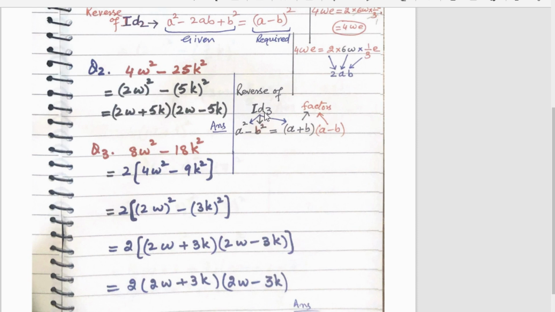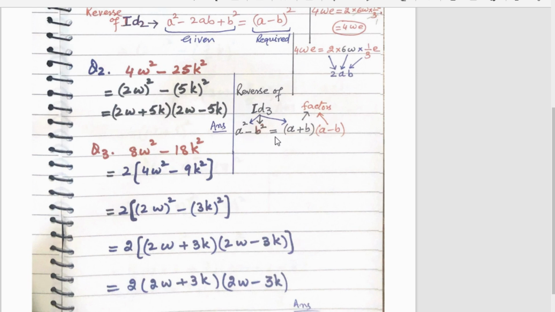Now look at this ID 3. ID 3 was in my previous videos. This was a square minus b square is equal to a plus b into a minus b. A square is a square, b square is a square, arrows are showing square form. This was called the difference of two squares, right?